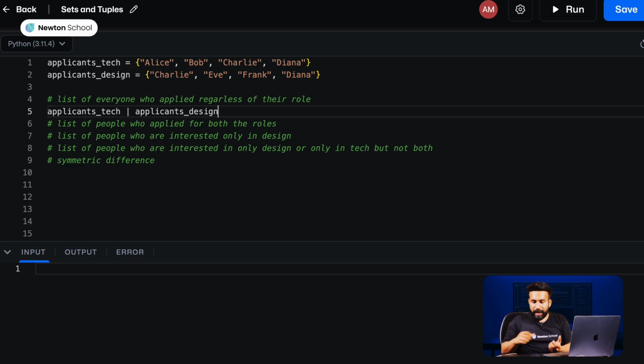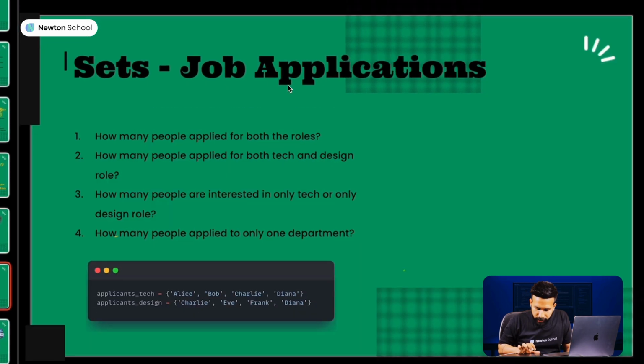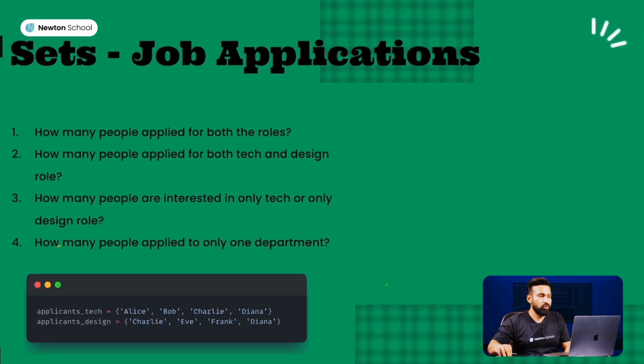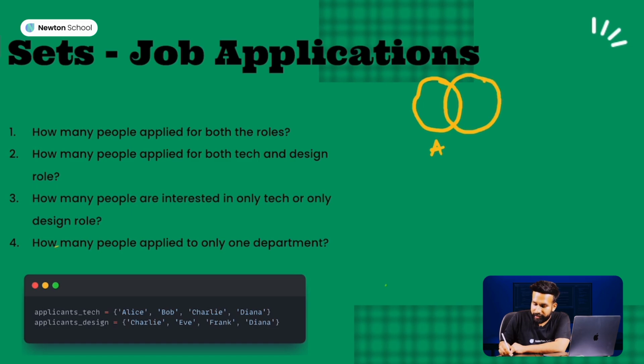In order to visualize it a little bit better, I will go here and try to explain it using something called a Venn diagram. Let's say this one circle represents all the people who have applied for tech, and this other one represents those who have applied for design. So A is tech, B is design.